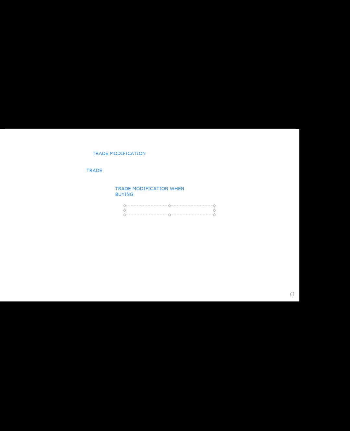Before you put that formula, just write this. In a buy trade, for you to take profits, you add pips to your entry price.